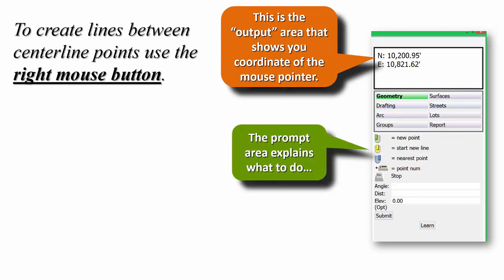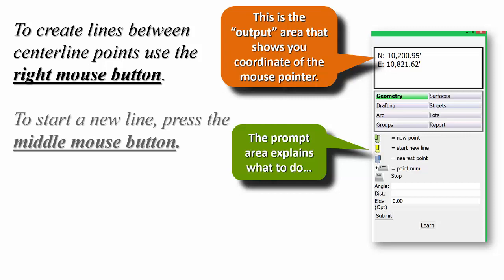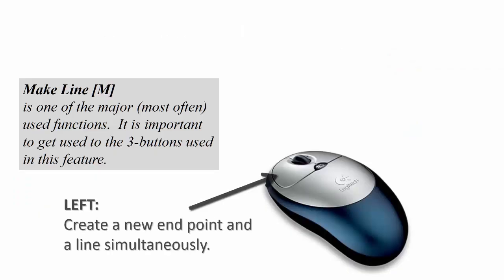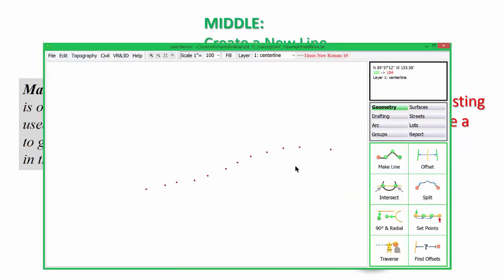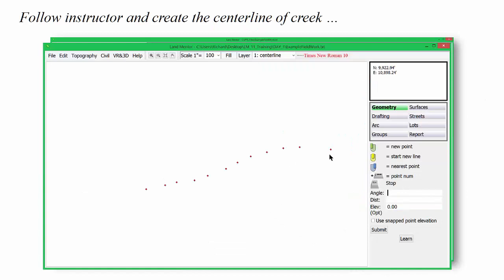This is how you get used to using the mouse. We're going to use all 3 buttons to make things easy. Again, the 3 buttons: left creates a new point, right snaps to an existing point, and the middle will create a new line. So what you'll do is use the right button, and it will only snap to center line of creek points.